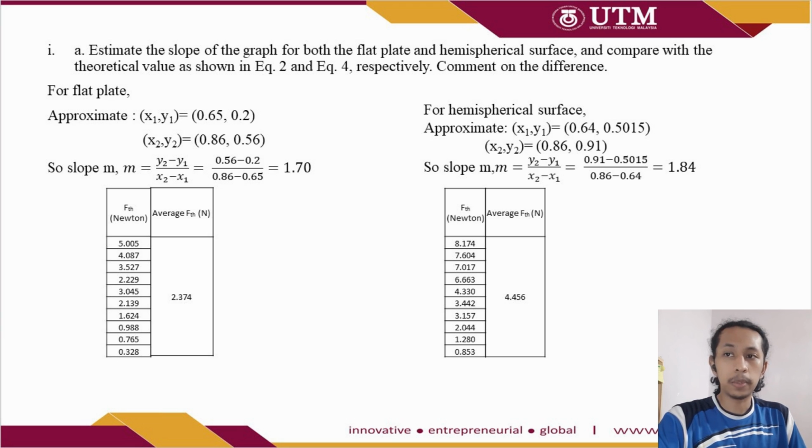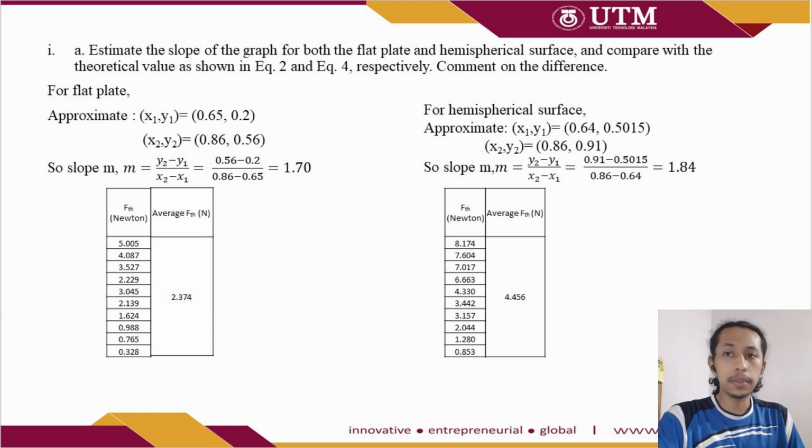So for the flat plate, we take points from the line of best fit, where x1 and y1 are approximately 0.65 and 0.2, and the other coordinate, x2 and y2, is 0.86 and 0.56. We put these coordinates into the equation m equals y2 minus y1 over x2 minus x1, and we end up with the slope m, which is 0.70.